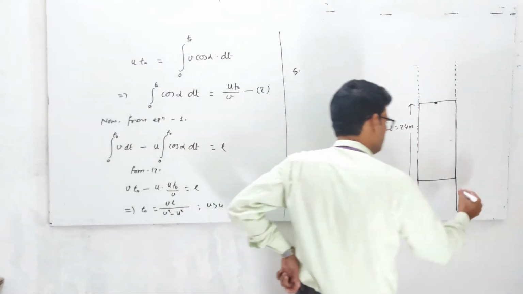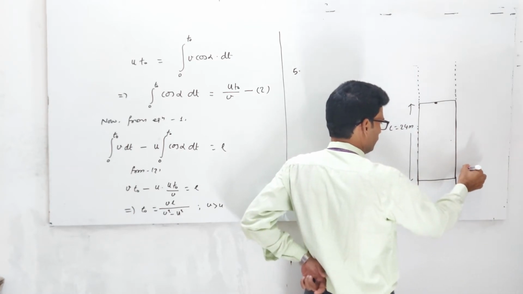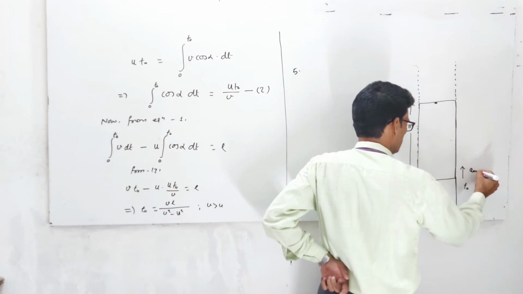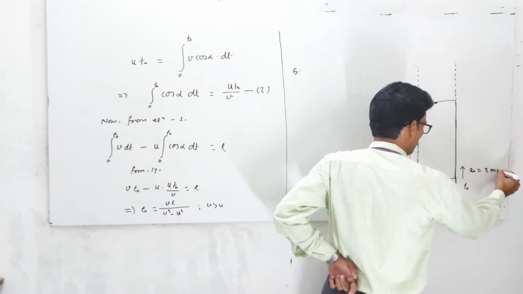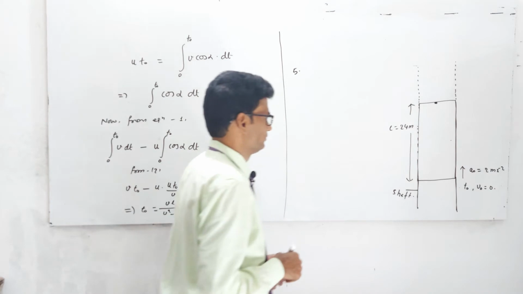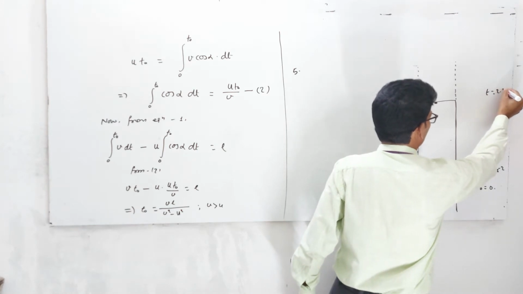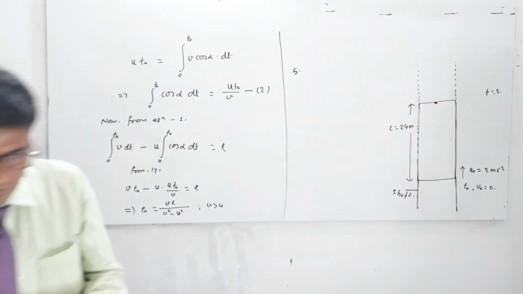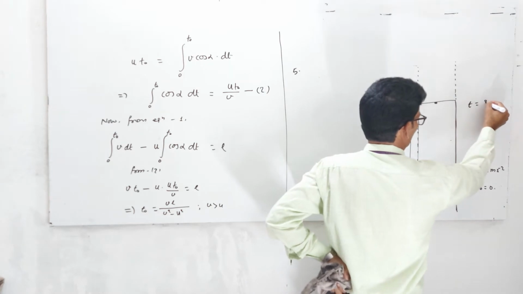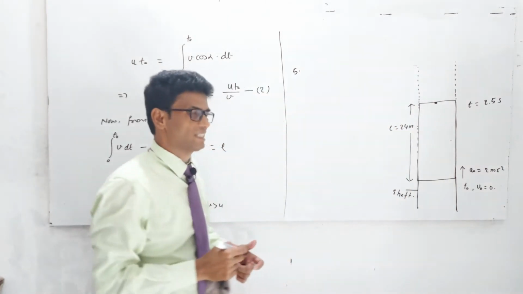At t is equal to 0, this cabin starts moving upward with acceleration of magnitude a naught is equal to 2 meter per second square with 0 speed, say v0 is equal to 0, and at t is equal to 2.5 second, the bolt detached from the ceiling.